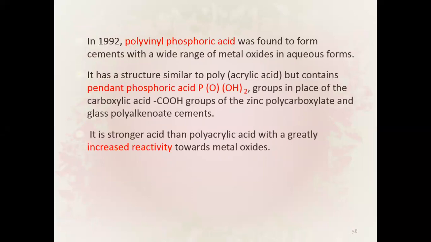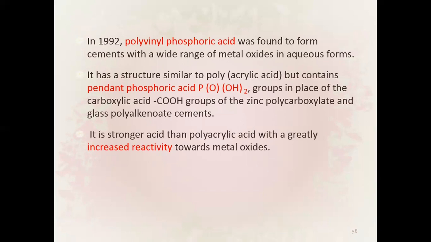In 1992, polyvinyl phosphonic acid was found to form cements with a wide range of metal oxides in aqueous forms. It has a structure similar to polyacrylic acid but contains pendant phosphonic acid groups in place of the carboxylic acid groups of zinc polycarboxylate and glass polyalkenoate cements.